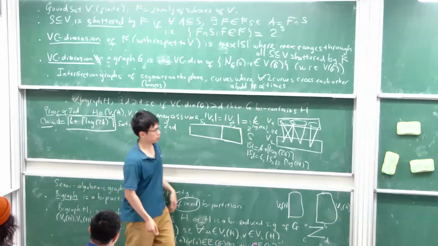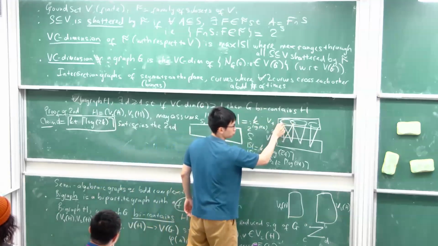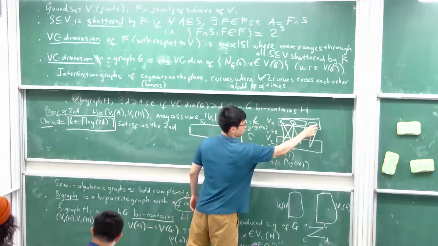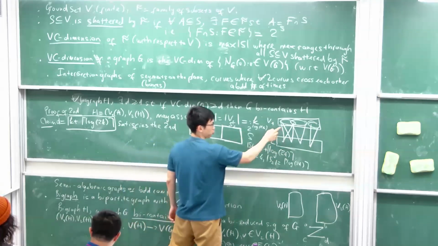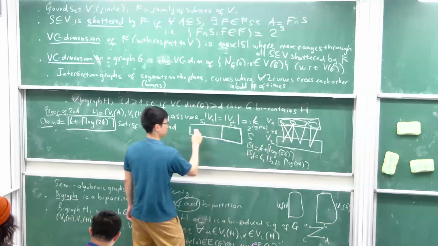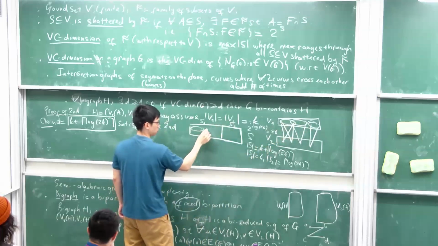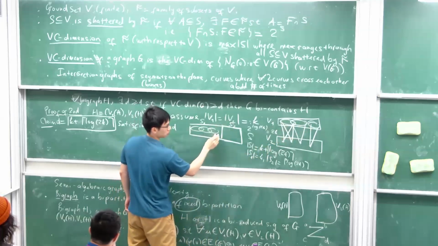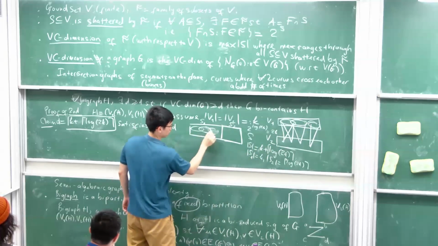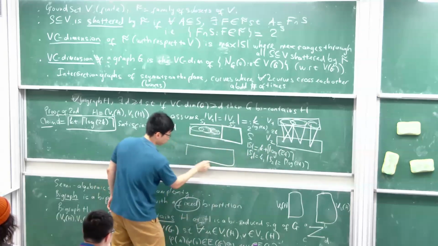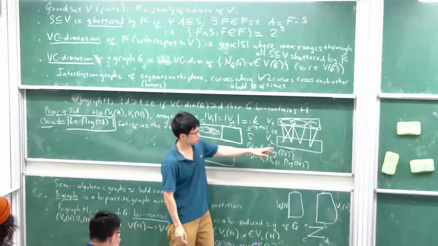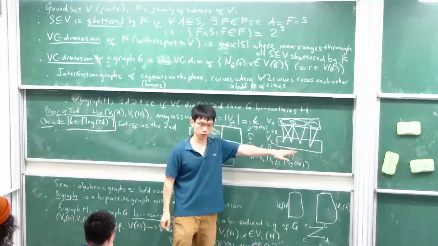And then I look at the images of the neighborhoods in V1 inside S1. So in other words, I want to map these neighborhoods from V1 to S1. What's left to do is to find suitable copies of the vertices in V2.